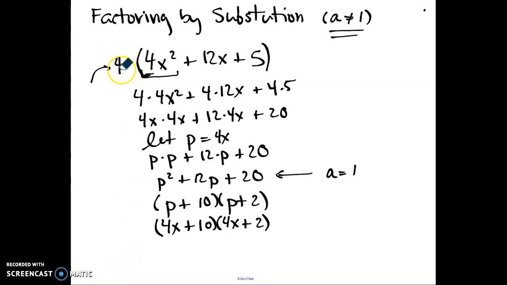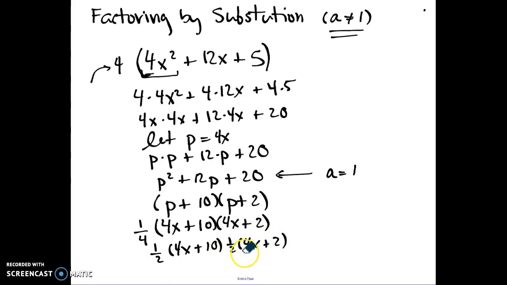So if I multiplied by 4, to undo that, I have to divide by 4. But you remember that dividing by 4 is the same as multiplying by 1/4. So if I go through, I can then distribute this 1/4, and I can say 1/2 times 1/2, and this is just a trick to make it neater.